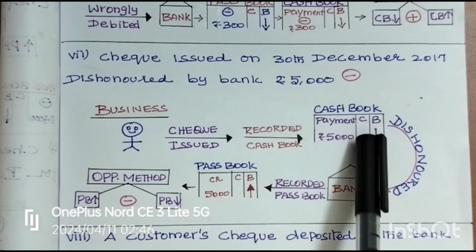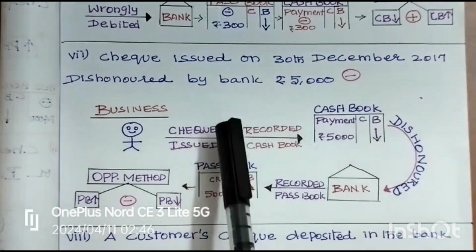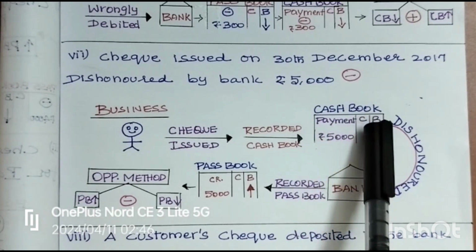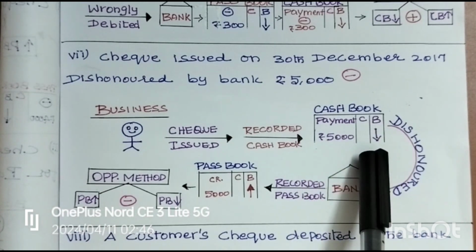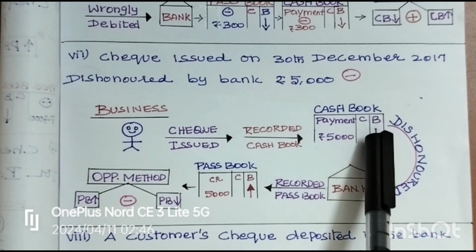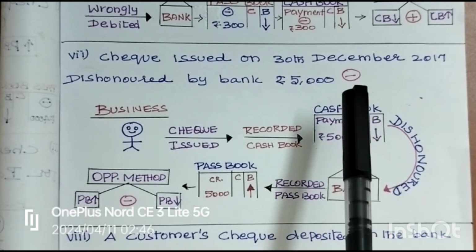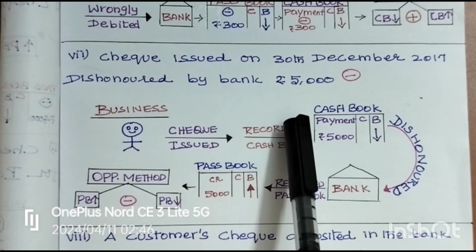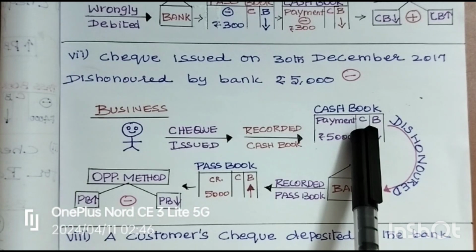So your cash book will be decreased because you paid cash through check. Okay. So in your cash book payment side, bank column, you entered into the bank payment side, which means cash book will be decreased. 5,000 rupees decreased in your cash book because you issued the check. Okay, immediately you recorded it in your cash book.